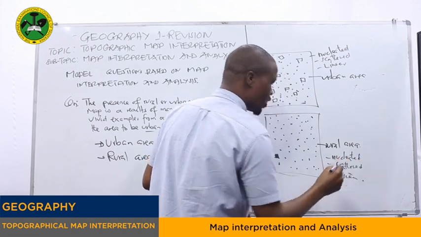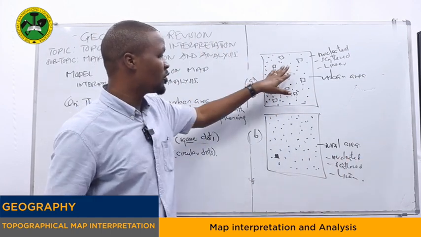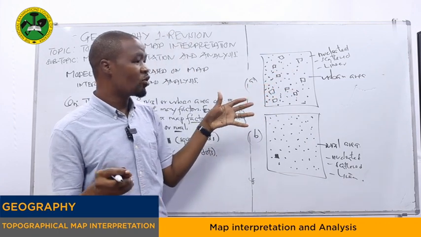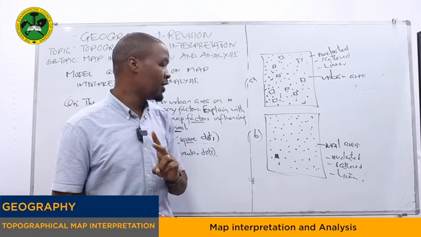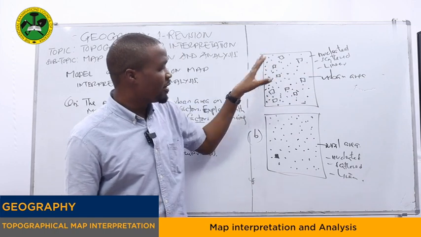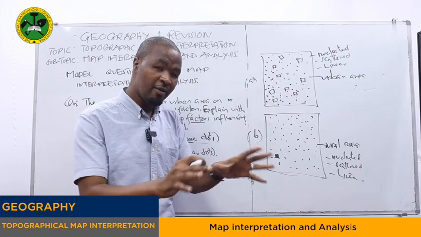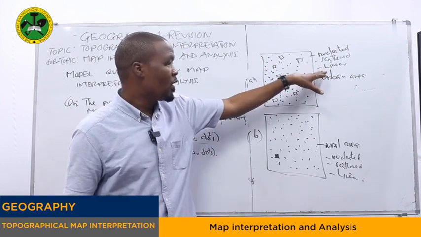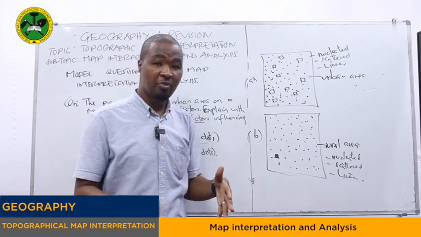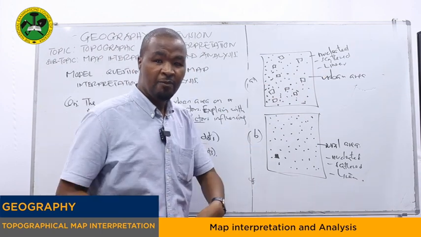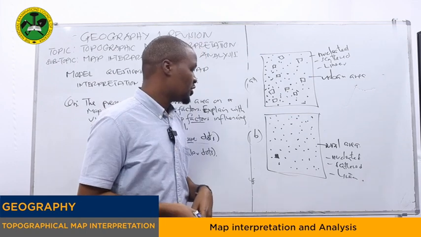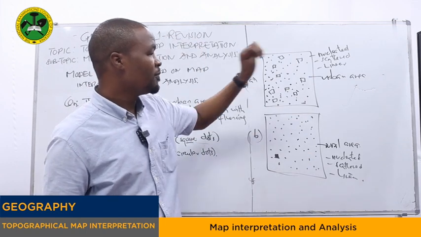We all know what is nucleated. Nucleated means a compact cluster of many settlements in one area. Scattered means settlements dispersed in different areas. While linear is the arrangement of settlements along a river, railway, or road. Those are the patterns of settlement.